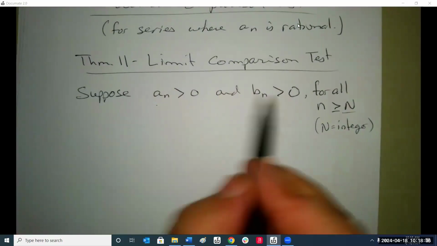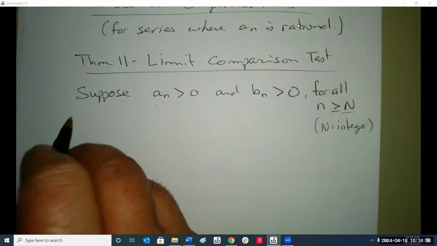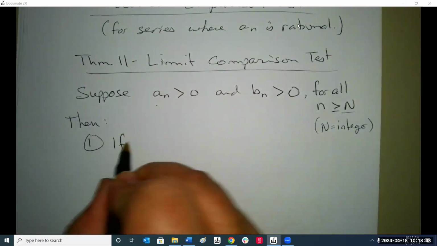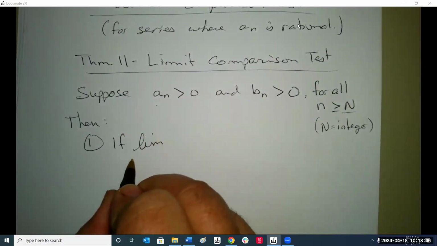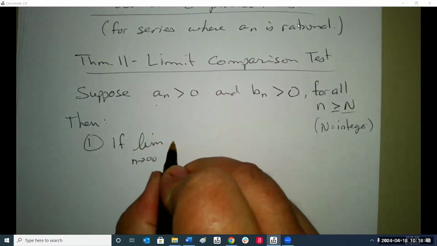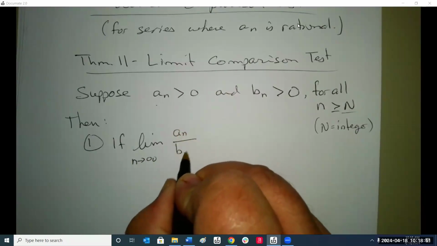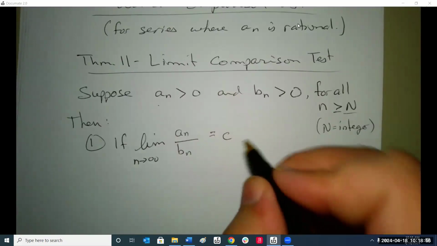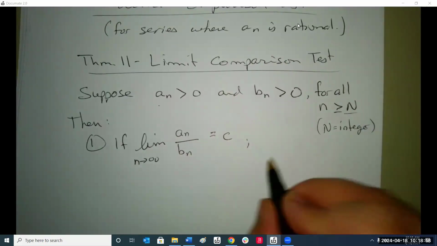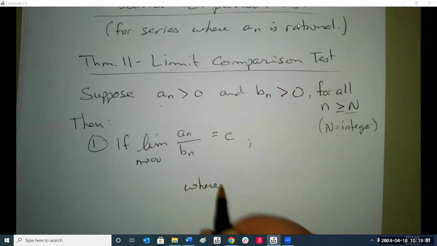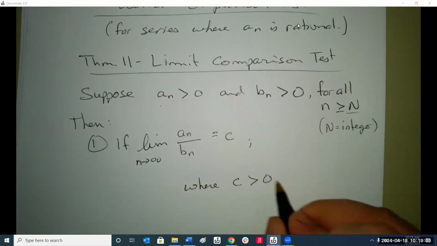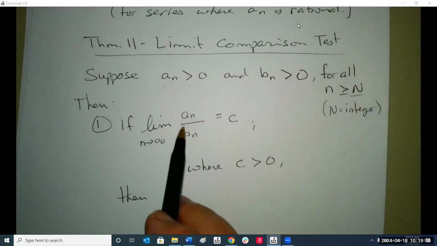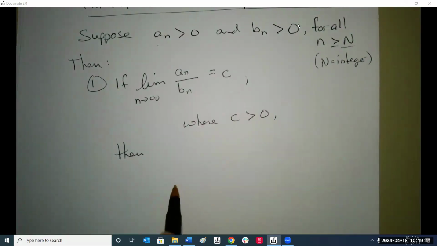Then, if the limit as n goes to infinity of a sub n over b sub n equals some constant value c, where c is greater than 0, because a and b are positive, and the ratio is going to be positive as well.